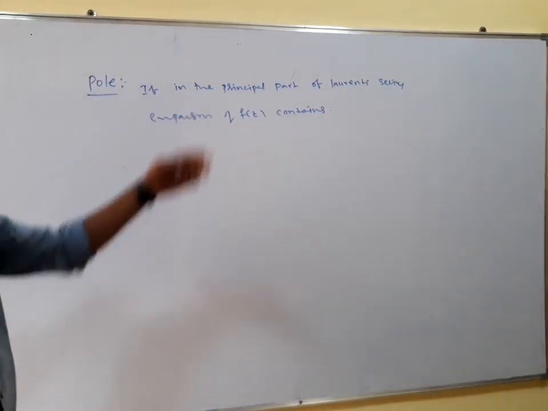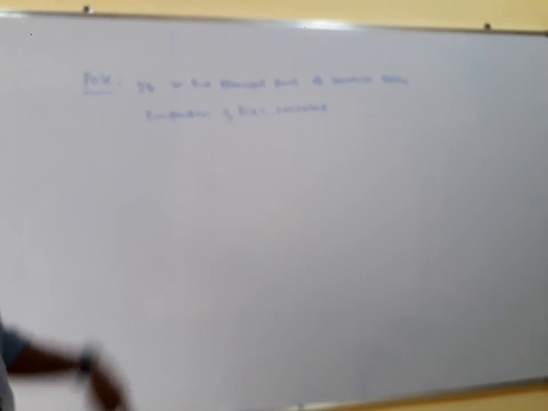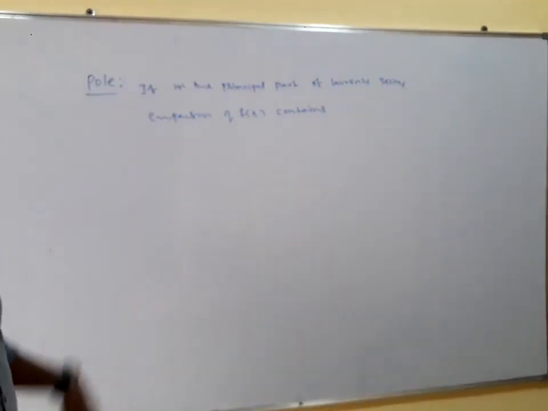If it contains a finite number of terms, m number of terms in the principal part, we say that the singularity is a pole of order m.